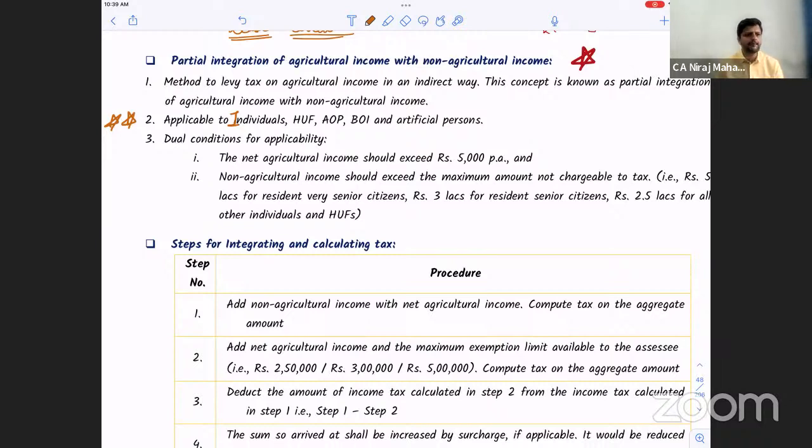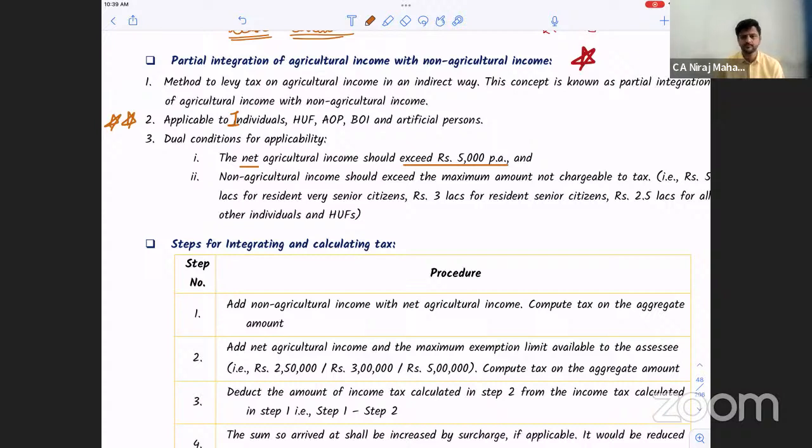Dual conditions for applicability. What are the conditions? And this is again very basic. When will this law be applicable? The net agricultural income exceeds 5,000 per annum.